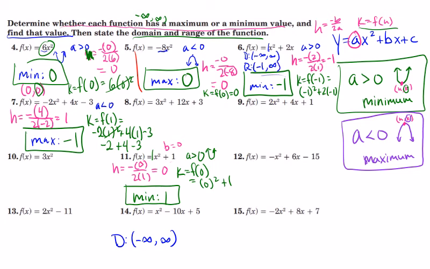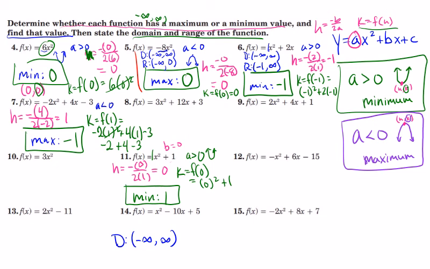Because we have a minimum, we're going to start at -1 and go up forever. If we have one like number 5 where we have a max, our domain is always negative infinity to infinity with a quadratic. Our range, this time we have a max, we're going to go up to 0. So 0 is going to be our right endpoint, and we're going to go from negative infinity up to 0.